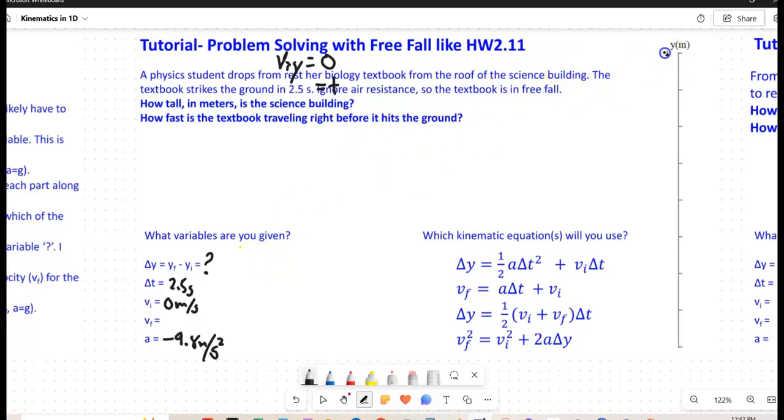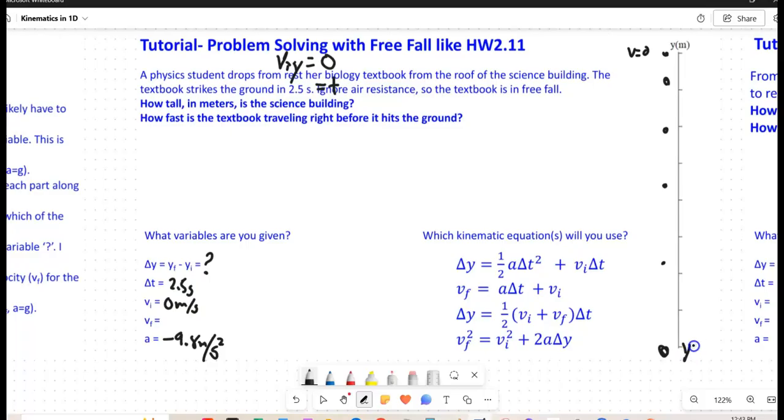Just real quick, it's going to look a lot like that very first slide we did, where it drops from rest. The initial velocity is 0. And then it starts to speed up as it falls, and finally hits the ground.